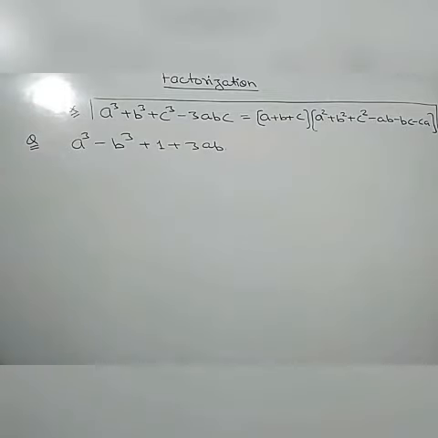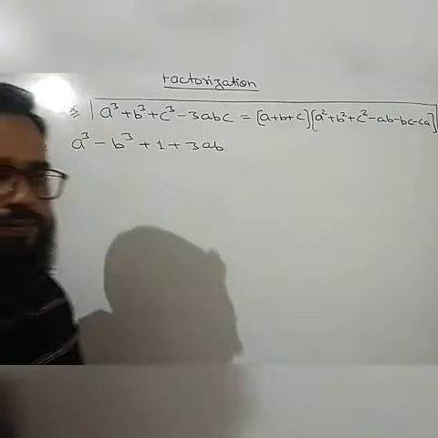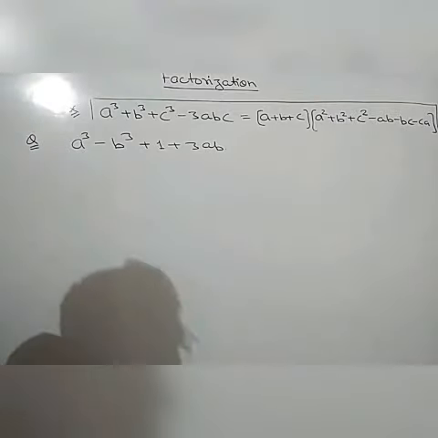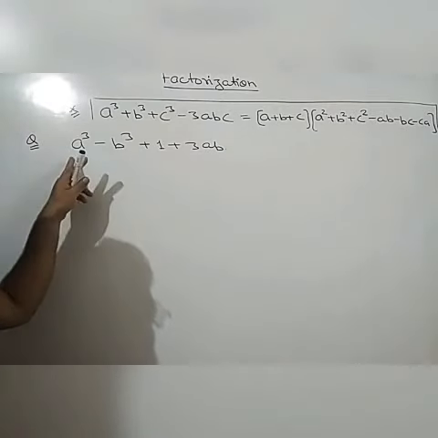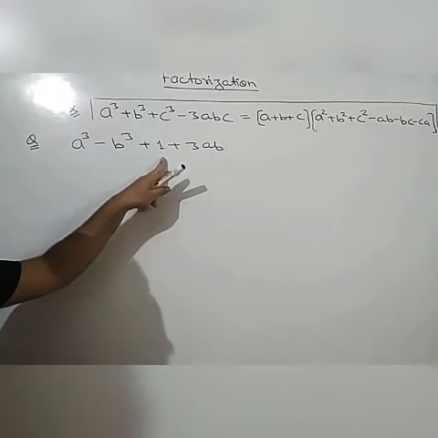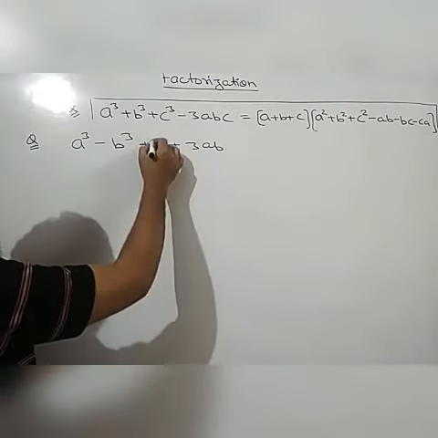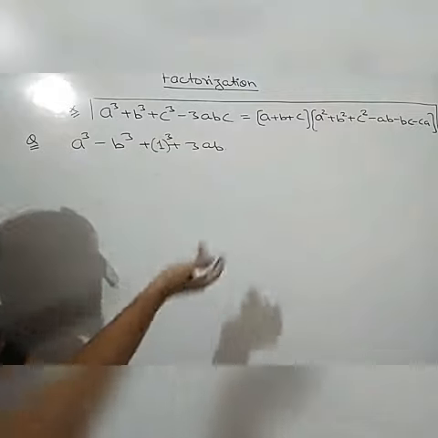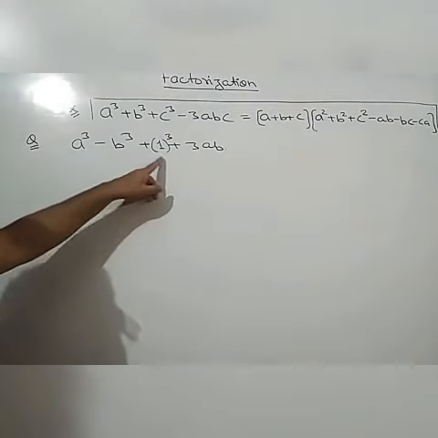Now we have to factorize this term. So how will you factorize this term? Now there should be 3 cube terms. So it is a cube minus b cube, but 1 is without a cube. So we can put a cube on the 1 because the cube of 1 will always be 1. So we have converted it also into a cube.